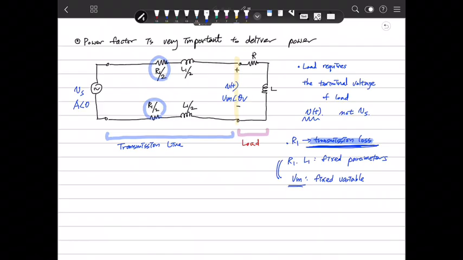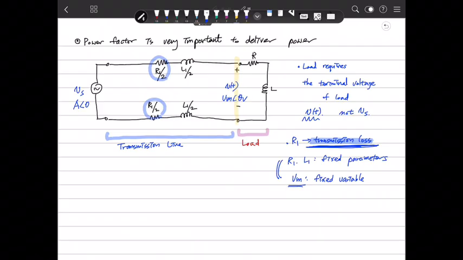In the load, we need to pay the cost for the active power, not the reactive power. So KEPCO, such as the transmission line operator, needs to transfer only the active power to the load.